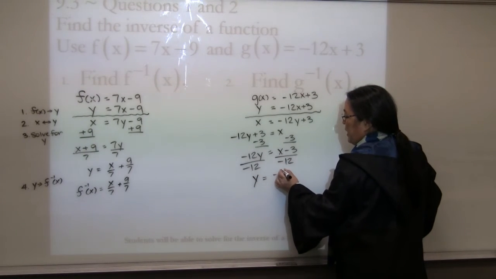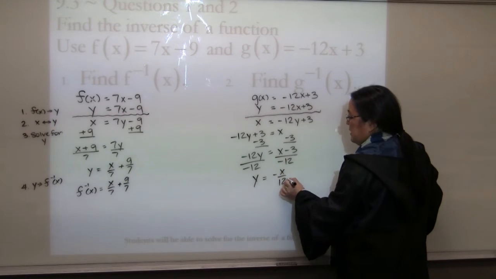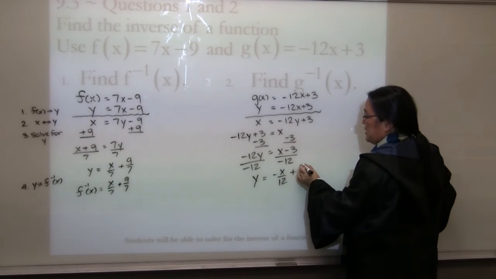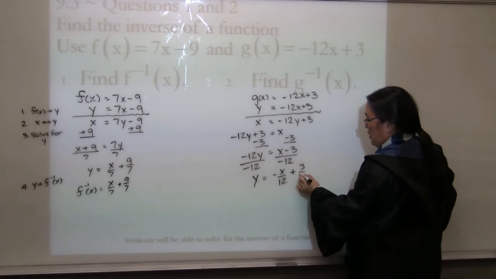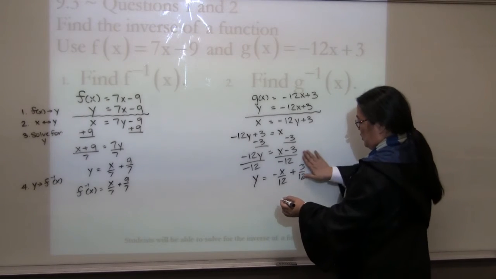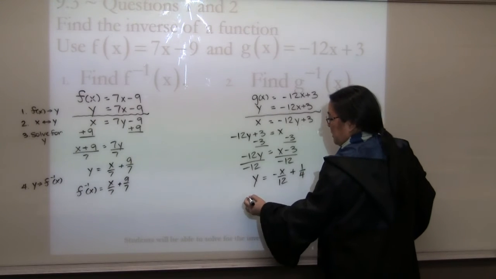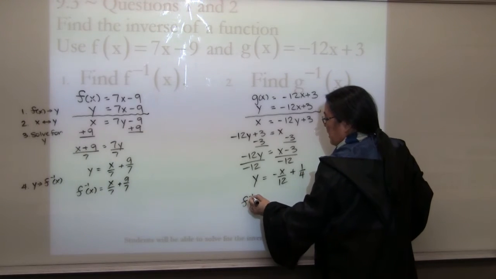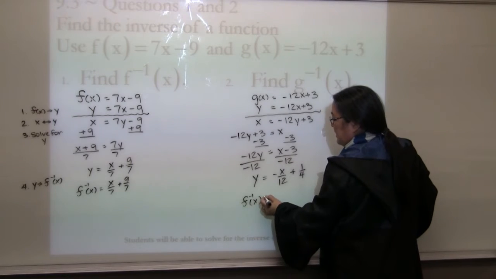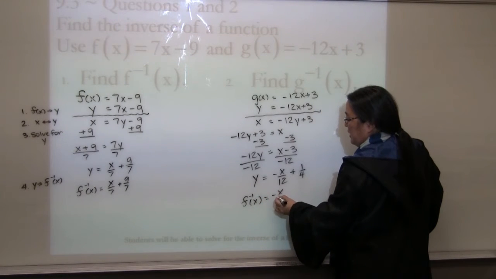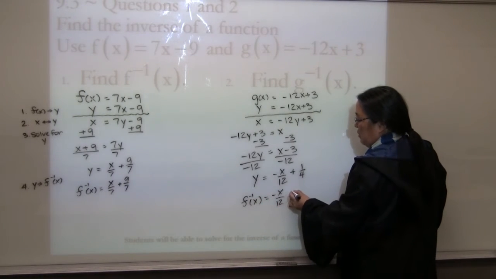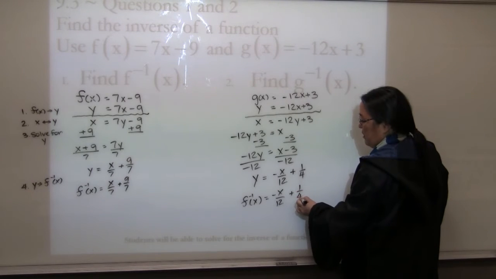So maybe we would have this, and negative negative would make it positive. But 3 over 12 would then reduce to 1 over 4. Hey, we might not have seen that if we didn't split those up. And then g inverse of x is equal to negative x over 12 plus 1 over 4.